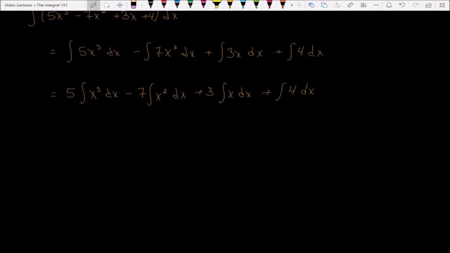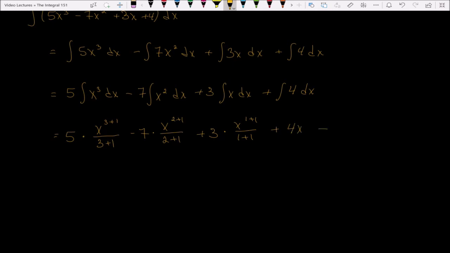Once again, looking at these first three, each one is a power rule. So it'll be 5 times, power rule says, add 1 to the exponent, so x to the 3 plus 1, then divide by that. Same thing, x to the 2 plus 1 divided by 2 plus 1, x to the 1 plus 1 over 1 plus 1, and then that last one is a constant, and that's just 4x.